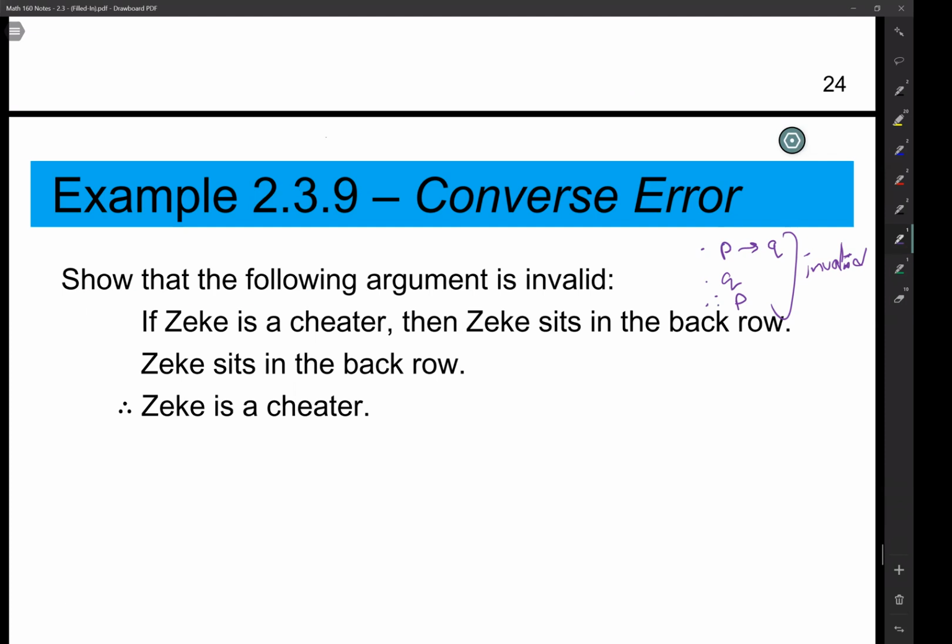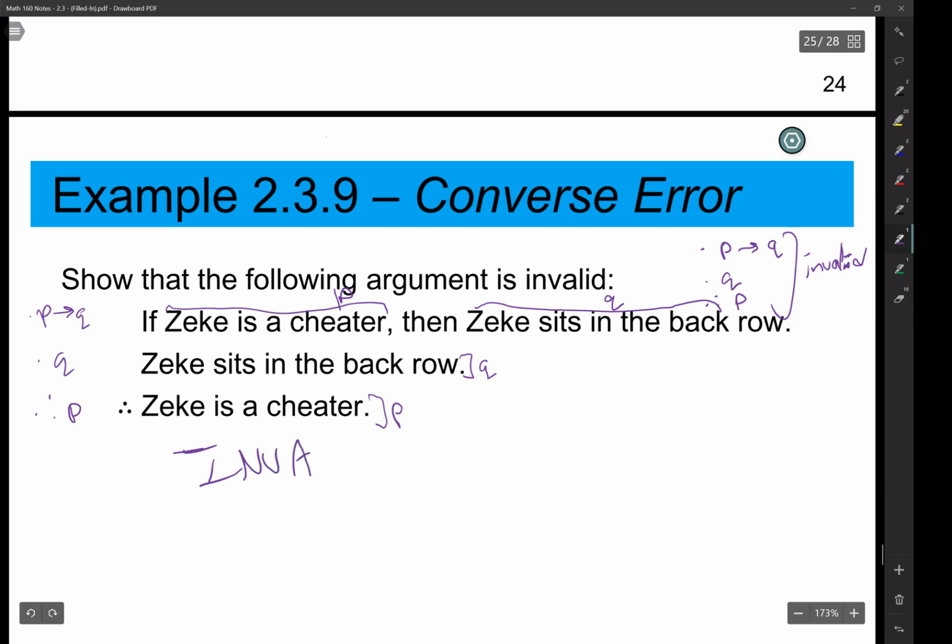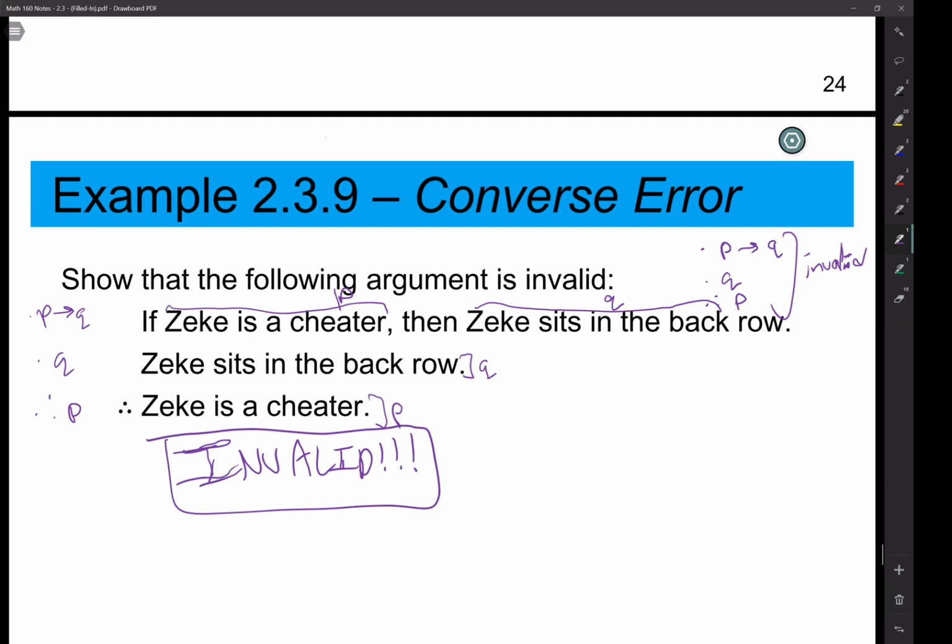So here it says if Zeke is a cheater, then Zeke sits on the back row. Zeke sits on the back row, that's Q, therefore P. Again, this argument form was P implies Q, I have Q, and therefore I can say P. But this is invalid. This is arguing backwards.